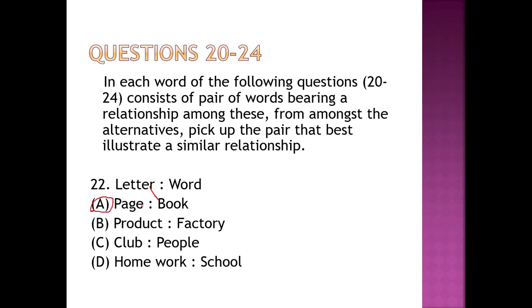Because books are made up of pages, right? Products are made in factories, yes. People go to clubs, yes. And homework is given at school. So you can see the association of these other three pairs, but words are made up of letters, just as books are made up of pages.